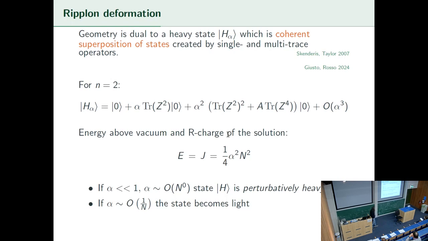And if you interpolate alpha all the way to 1 over N, this state will become light, and it has just a dimension of order 1. What is capital A? Capital A is some unfixed parameter that determines the mixture between double traces and single traces in the higher order, but as I said, it's not going to be relevant for the purpose of this talk.